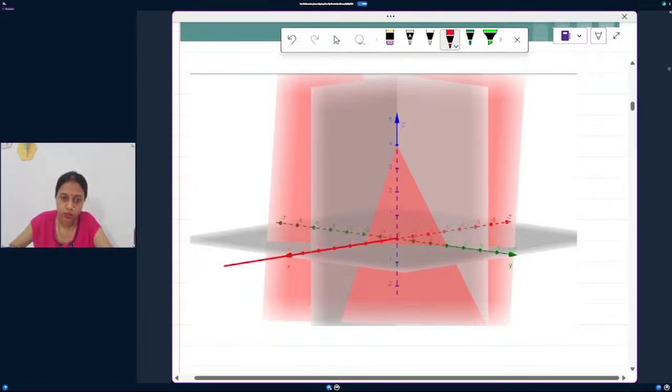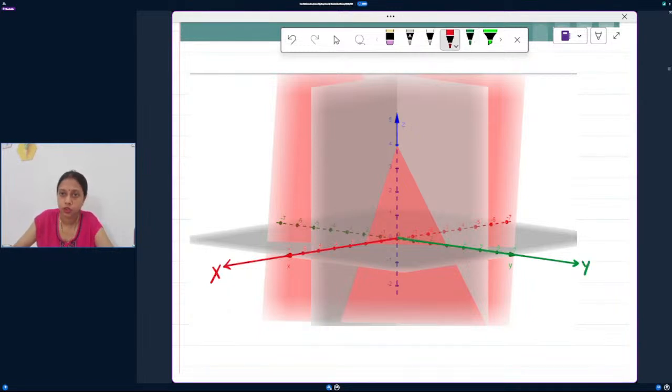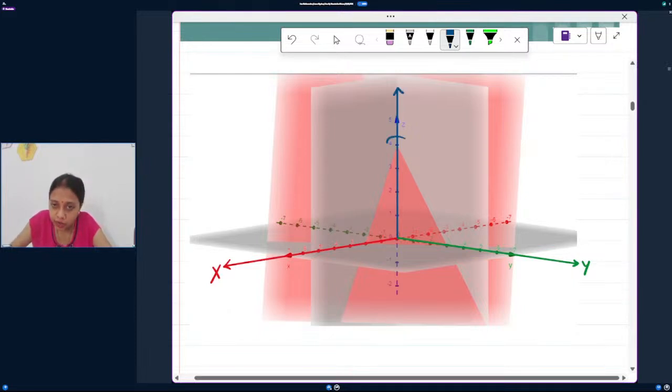This is representing your x-axis. This is representing your y-axis, positive y-axis, and this is representing your z-axis. Now the plane, where does it intersect your z-axis? At 4. It intersects your x-axis at 2 and it intersects your y-axis at 3.